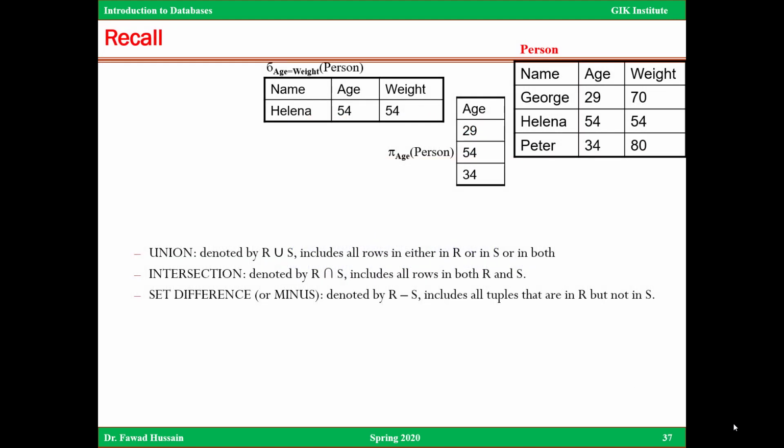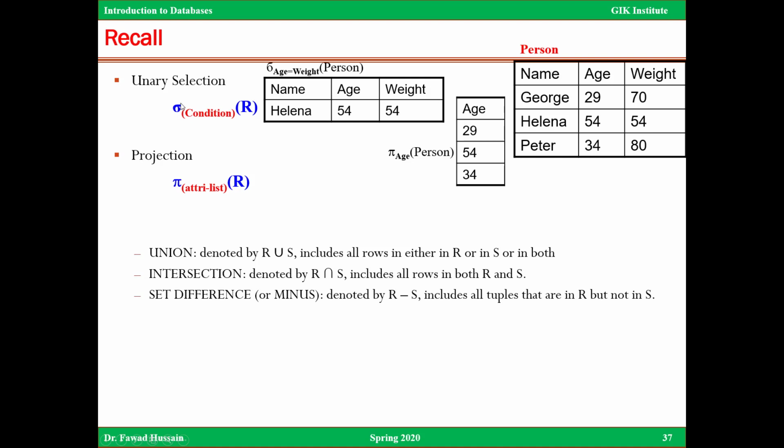If you recall, we discussed the unary selection and the projection. In the unary selection, we use this sigma notation, where we have the condition and R is the table or the relation on which we are applying this operator.